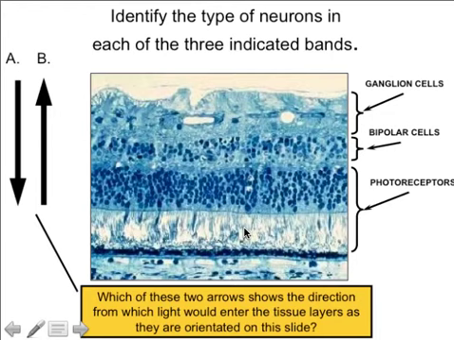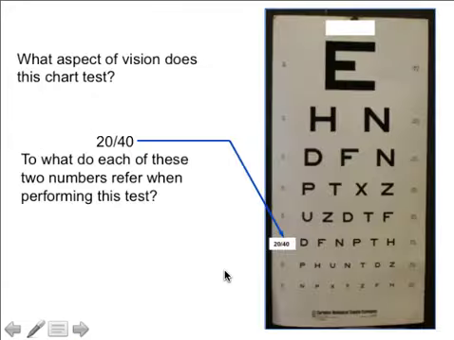That'll cause the rhodopsin to change its shape, and that will cause a change in the membrane potential in the photoreceptors, which will turn into a graded potential, which will ultimately become an action potential and be carried from there to the bipolar cells, from there to the ganglion cells, and from the ganglion cells to the optic nerve. So the front of the eye would be up here, the back of the eye, of course, would be back here.